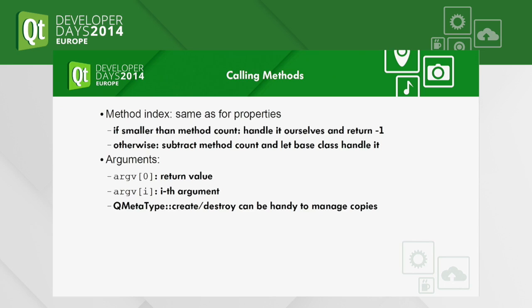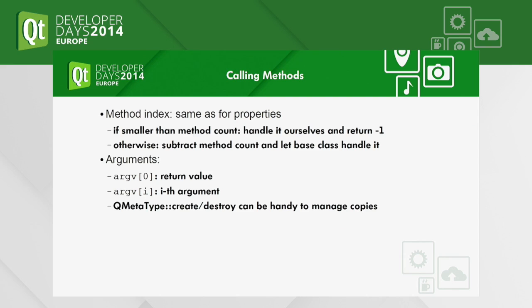All those void pointers usually are very transient and become invalid as soon as you return. So if you need to store them for later processing or passing them on to some other system, you need to create actual copies. And the meta-type methods, similar to what we've seen earlier, given a type ID, allow you to actually manage copies of that.